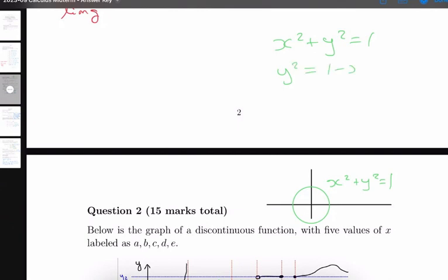So let's move x to the other side. We subtract x squared from both sides. And then to get just y, we don't want y squared, we want y. So what do we do? Take the square root. So y is the square root of 1 minus x squared. Is that all? Is that the correct expression for y?